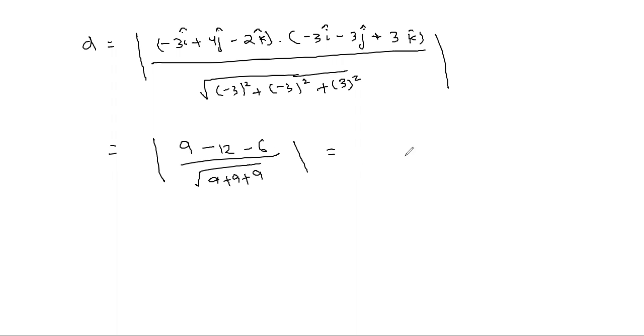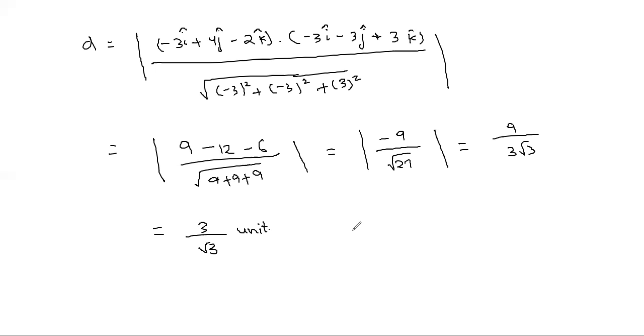So the numerator is minus 9 and the denominator is the square root of 27, absolute value. So it will be 9 over 3 root 3, or 3 over root 3 units, which may be rewritten as root 3 units, which is the shortest distance between these two lines.